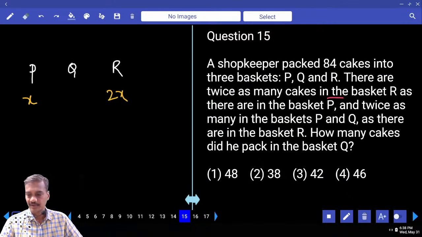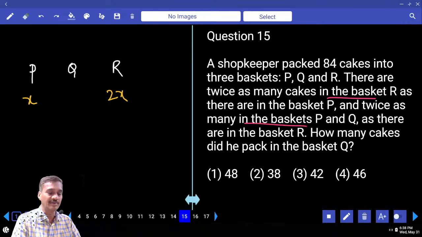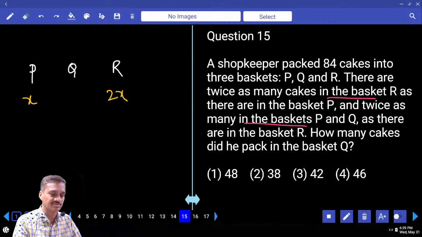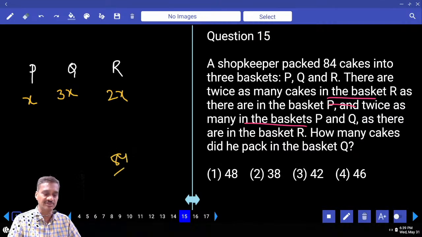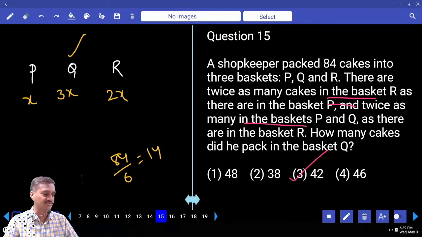And P plus Q equals double that of R. R has 2, and P and Q need to have 4, out of which this is X. This must be 3X. Now the total is 6X equals 84. 84 divided by 6 is X, which is 14. Now we need Q: 14 into 3, 42. Choice 3, 15.